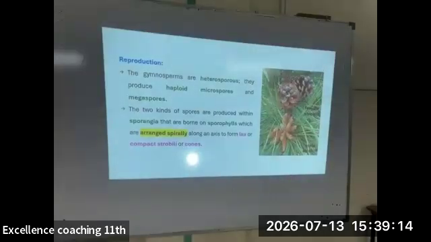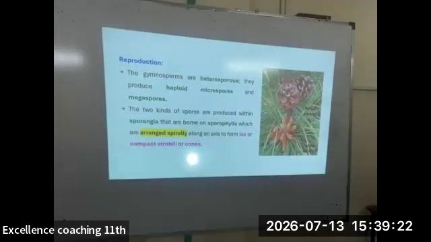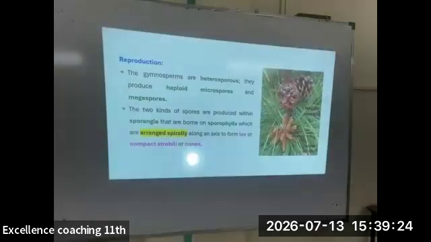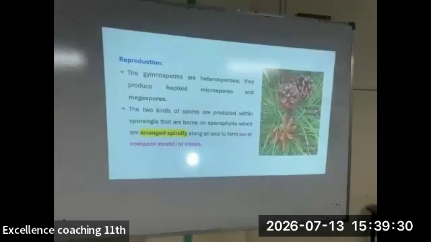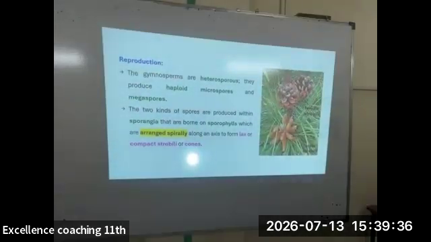Here you can see this is the female strobilus and this is the male strobilus. Can you see these two different structures? You can differentiate between them. You must have seen this female strobilus somewhere. It's very common, actually an ornamental plant.